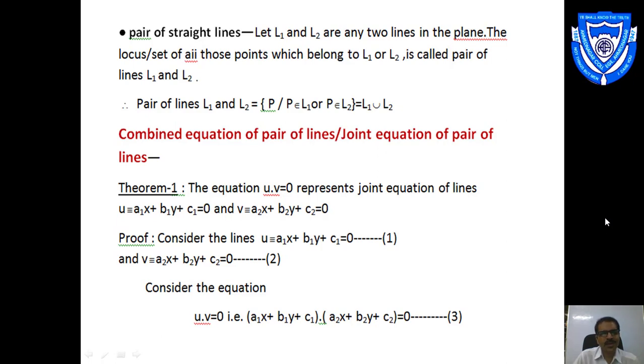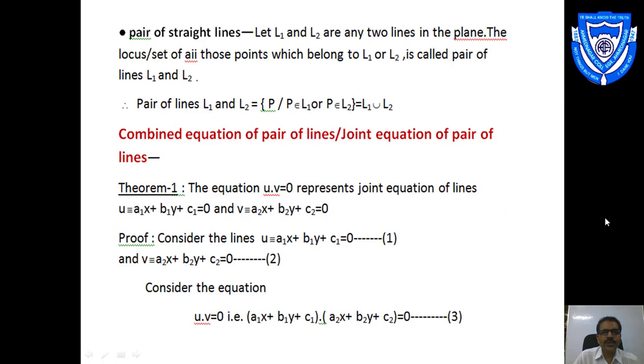Here P stands for the geometrical point. This collection is nothing but the union of two sets L1 and L2, so it is L1 union L2. That you have to remember henceforth.